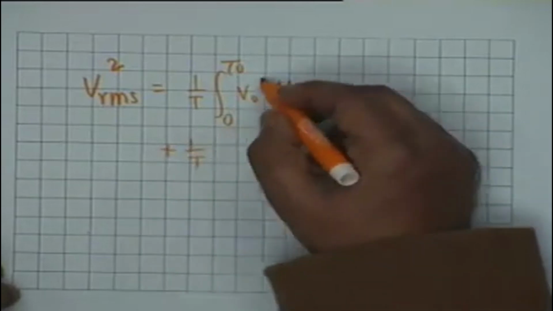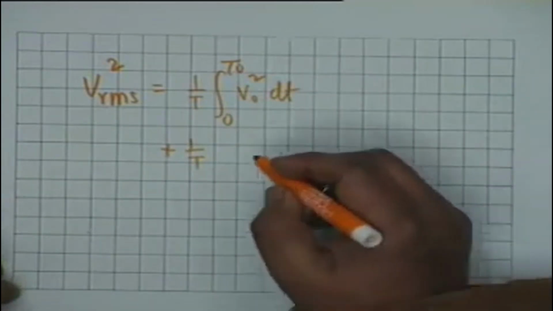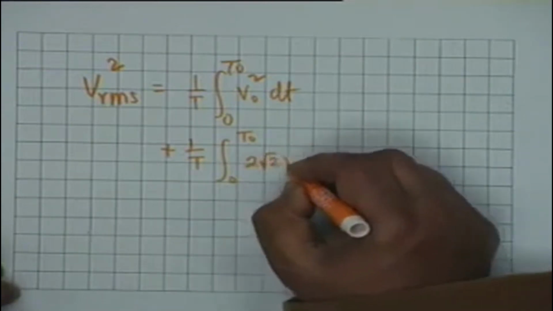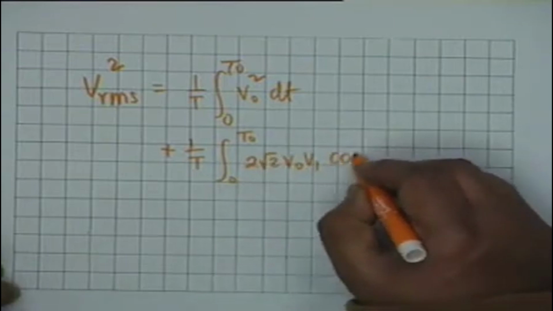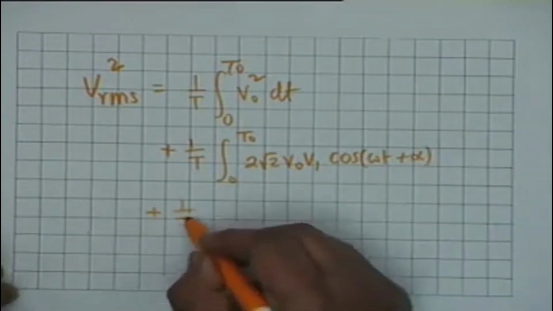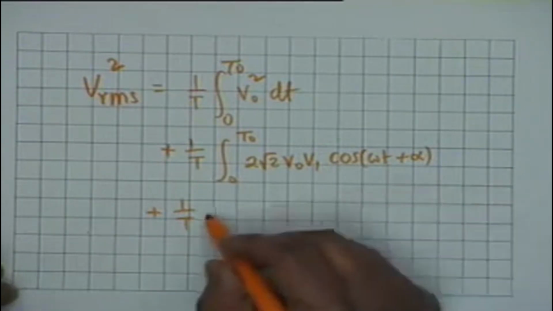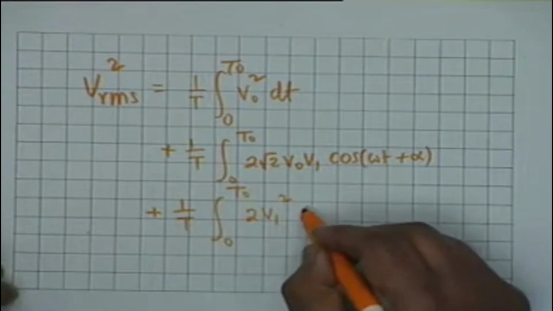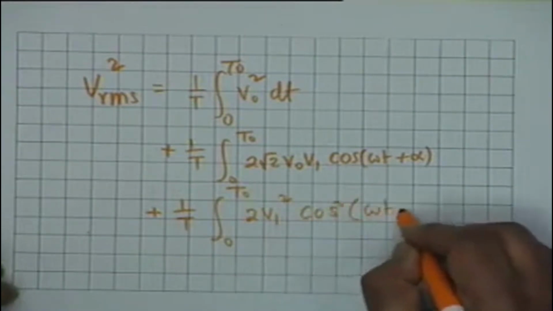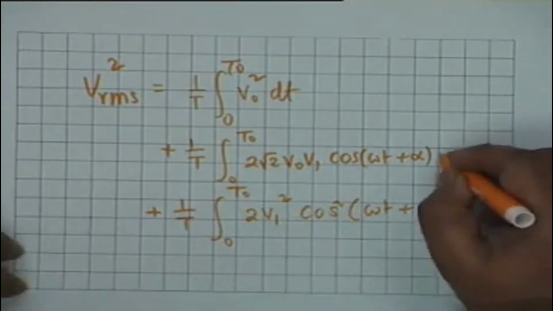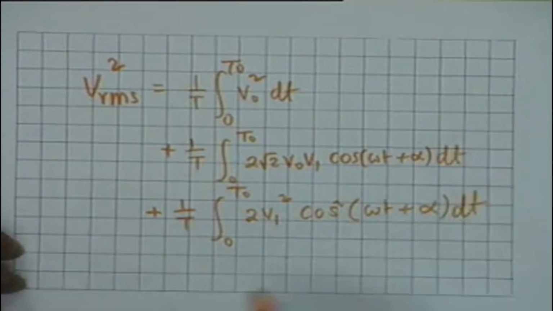Second term, 1 by T, 0 to T0, twice root 2 V0 V1 cosine of omega t plus alpha, plus the third term, 1 by T, 0 to T0, twice V1 squared cosine squared omega t plus alpha. This would be my Vrms squared. There shall of course be a dt. Yes. So why do we have this T0?